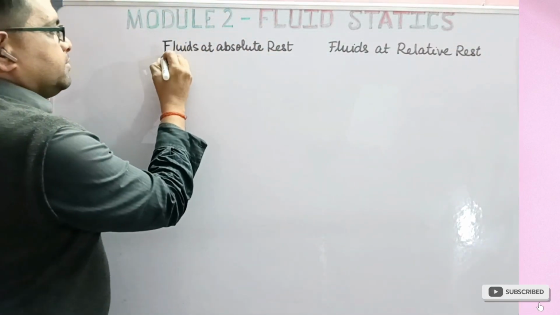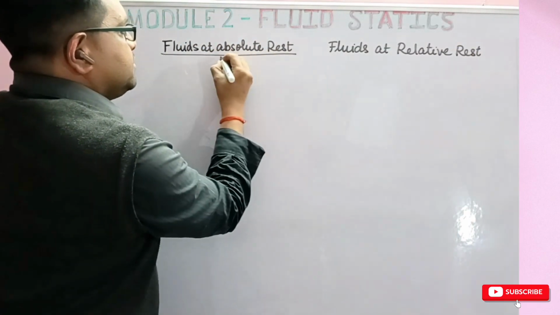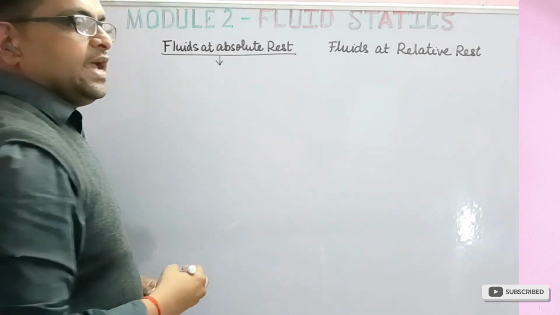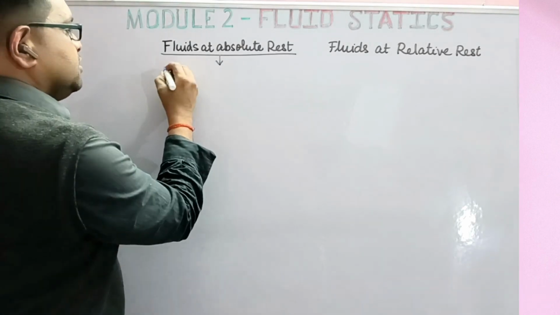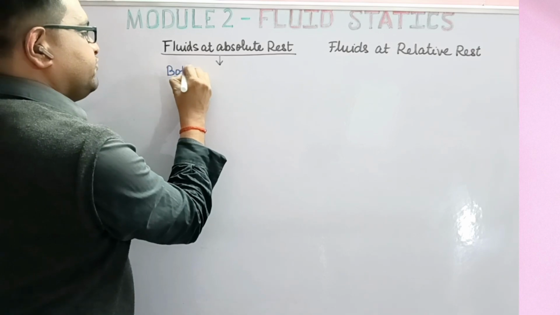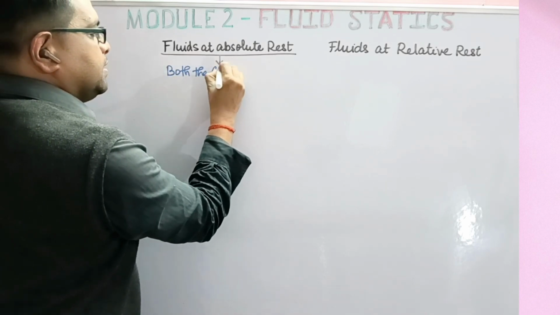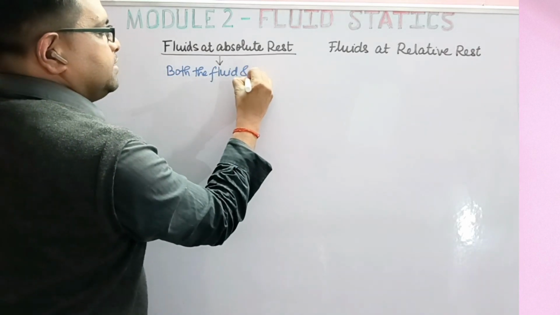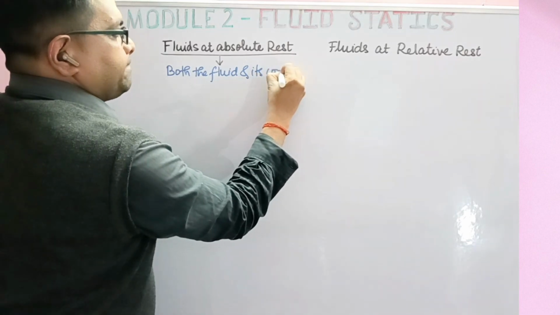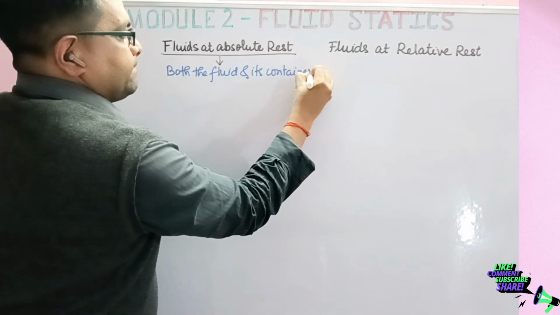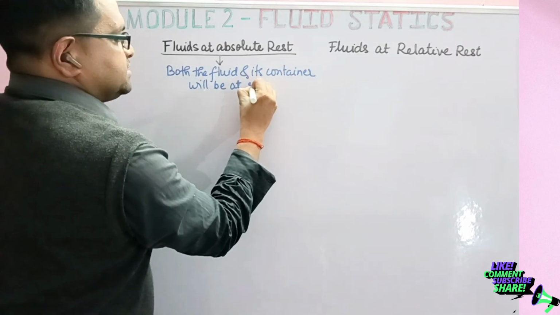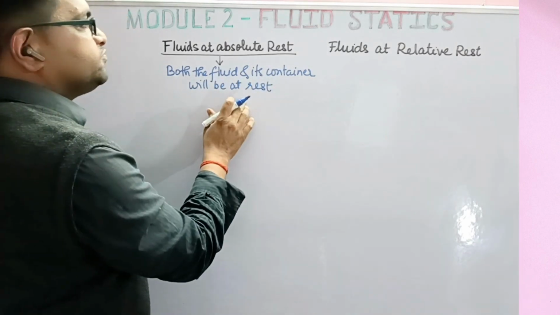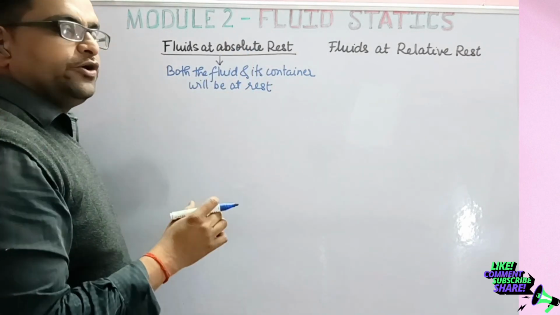Now, by absolute rest, we mean that both the fluid as well as the container will be at rest, or will not be in motion. So, both the fluid and its container will be at rest. This is what we call fluid at absolute rest.